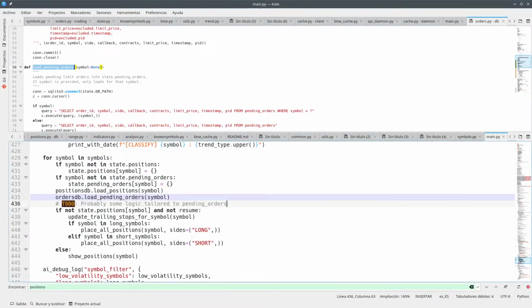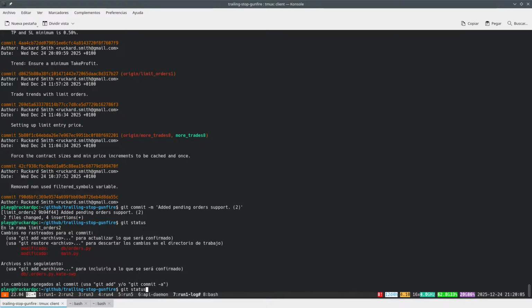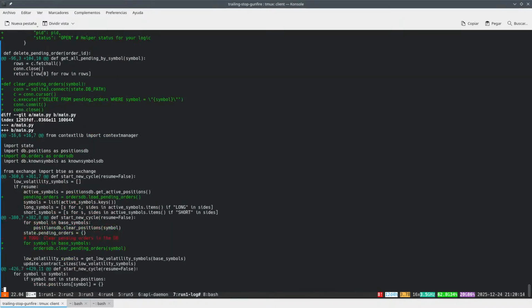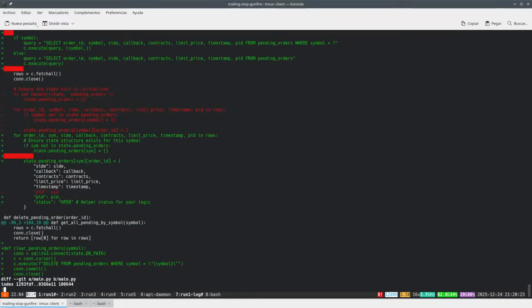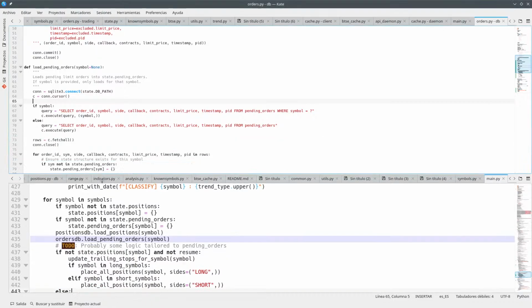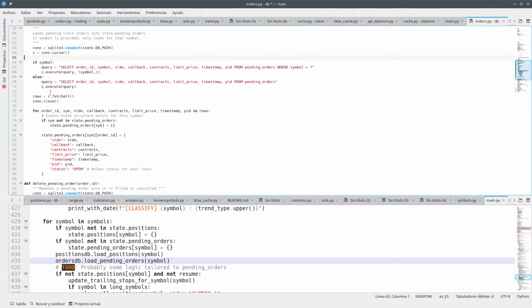Wait a minute, I need to save something somewhere in here. So status hit diff. Oh my god, I need to remove a lot of stuff. So clear pending orders, yeah, okay. Let me try to fix this thing. So yeah, there's a space here and also another one here probably, and then another one here.